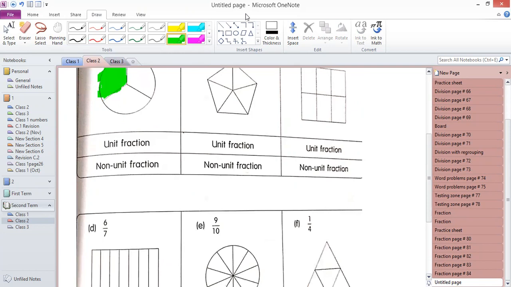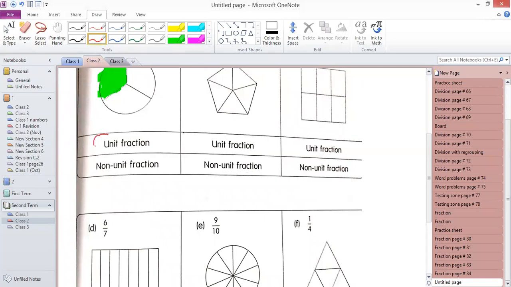Now tell me, is 1 over 3 a unit fraction or a non-unit fraction? Very good. 1 over 3 is a unit fraction.